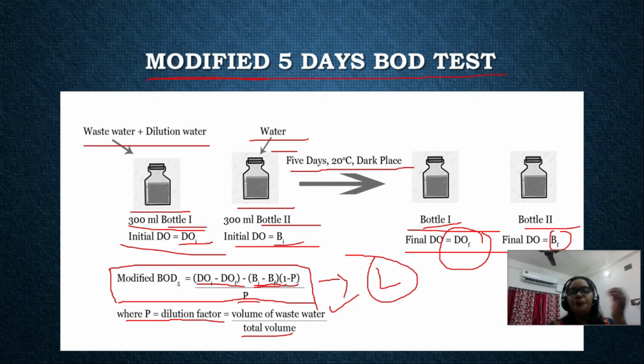Understand? Is it clear to all? This equation is very important, because based on it you can have many numericals in your exam. So it is very important for you to understand how we have done the modified BOD test, how we get this equation, and what each and every parameter is: what is DOI, what is DOF, what is BI, what is BF.